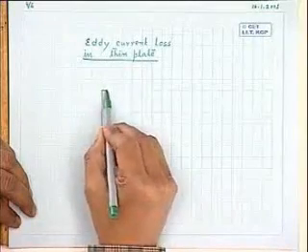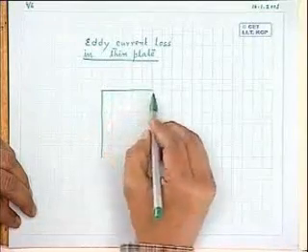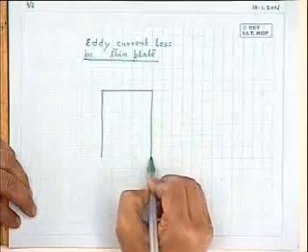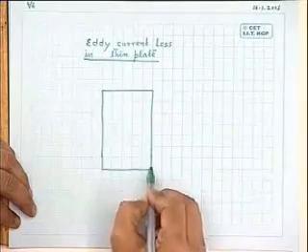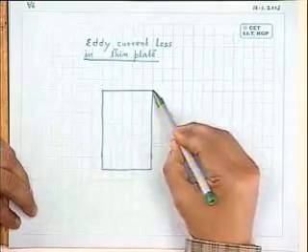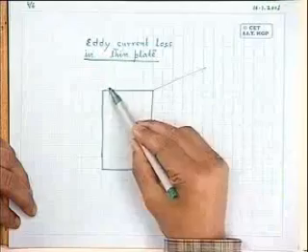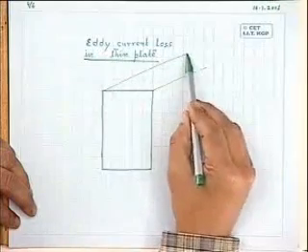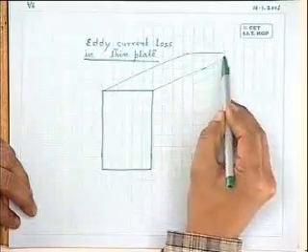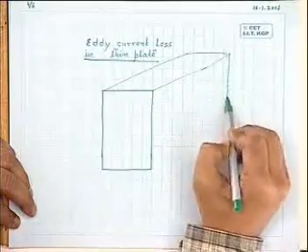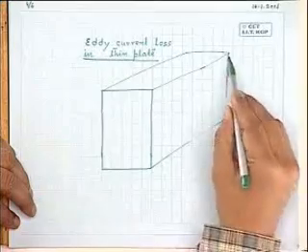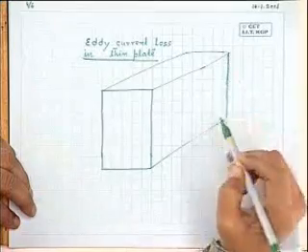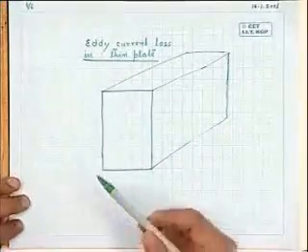Of course, I will draw the diagram on a bigger scale to derive some important things. Suppose this is the thickness of the plate, and this is a plate. It continues like that.